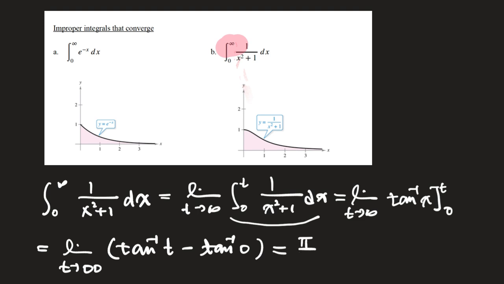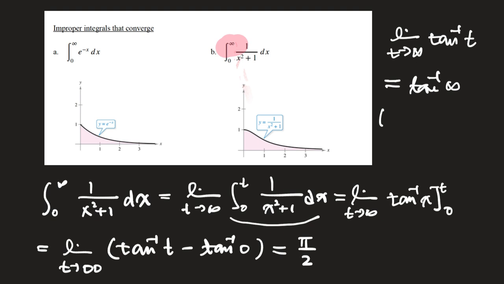This is pi over 2. Another way to see it: if you remember from trigonometry, tangent of pi over 2 goes to infinity, so arctangent of infinity is pi over 2. Minus arctangent 0 is 0.